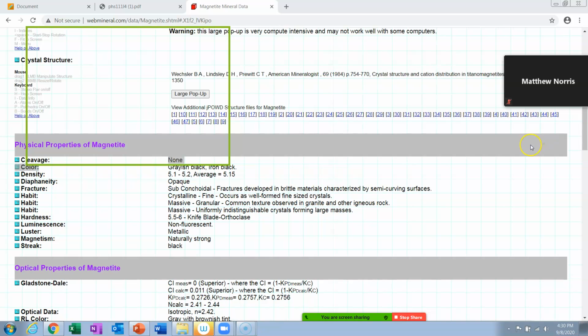If you will go to the places I'm saying, you will see what I say. You may not be able to see it off my screen. I have a green box here in the middle that I don't know why it's here, and it has the last part of crystal structure, a warning up here, this large something. Is that what you're seeing? Just that part of the screen? Does it say large pop-up?